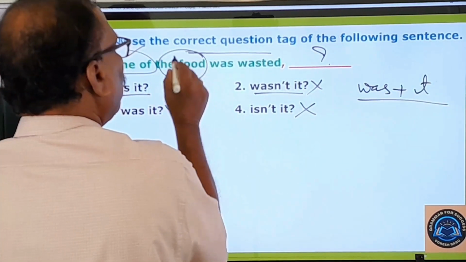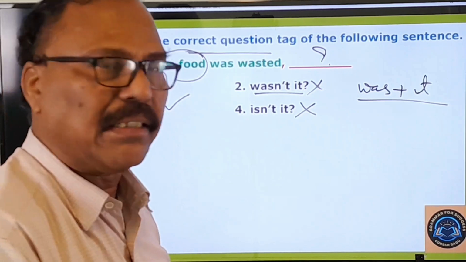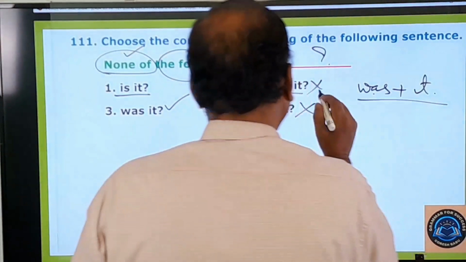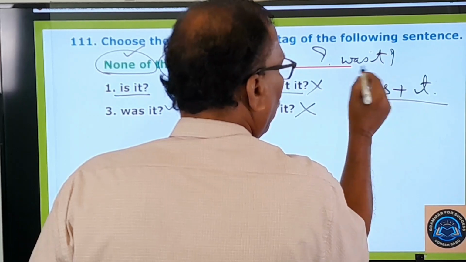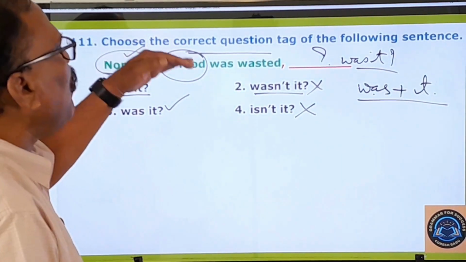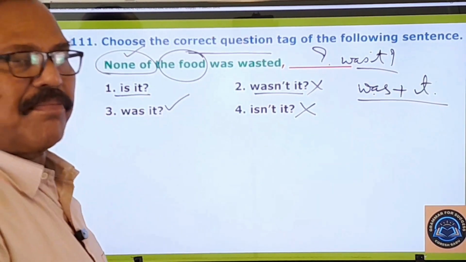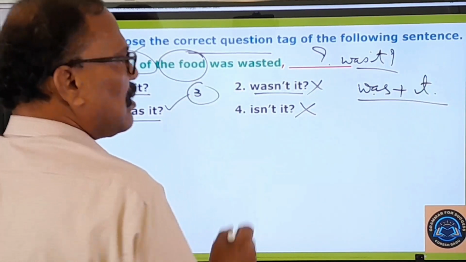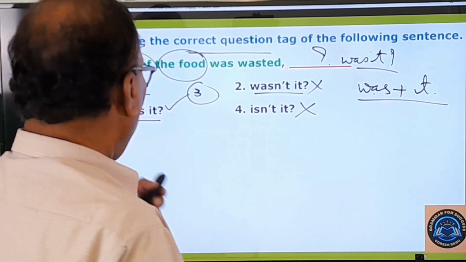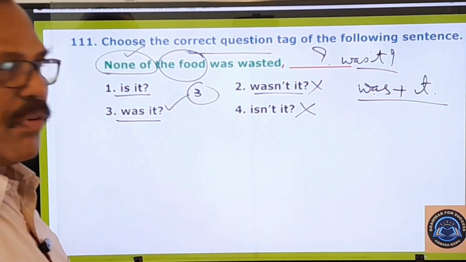Here we are talking about food. What do you call it? You call it it. So therefore was plus it. So it must be was it. Therefore none of the food was wasted, was it? So this is the right option. Third one is the answer. All others are wrong answers. Okay, and now we move on to 112th question.